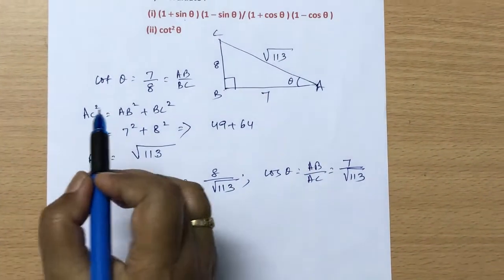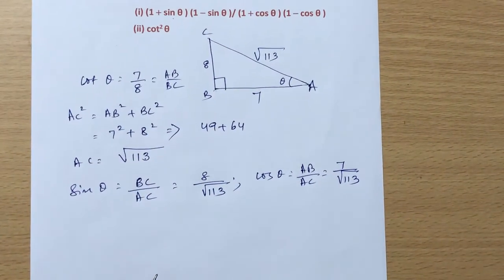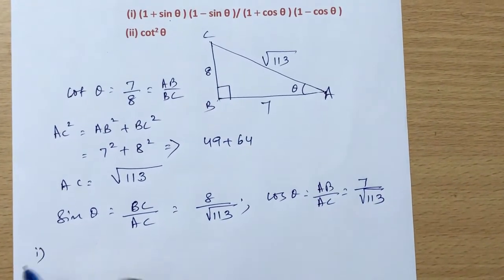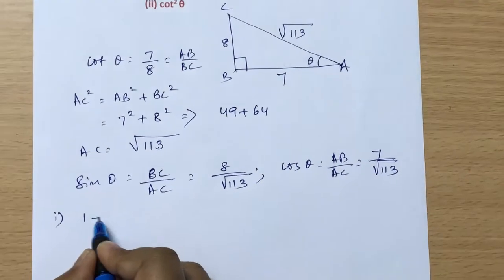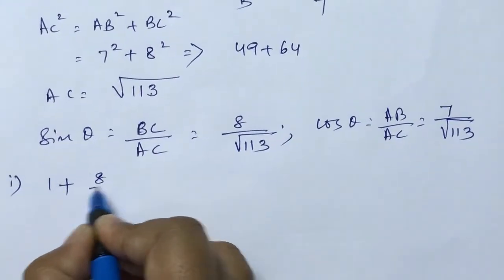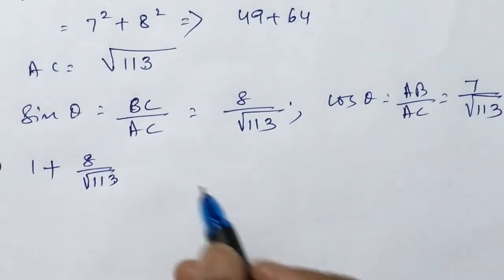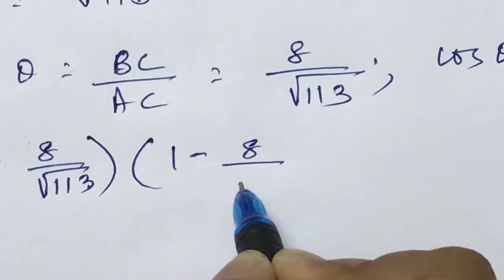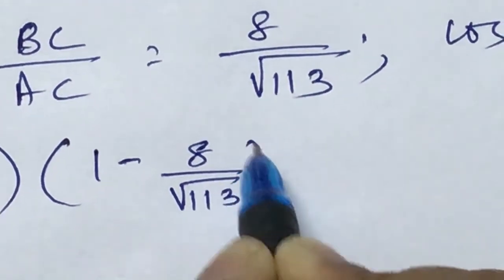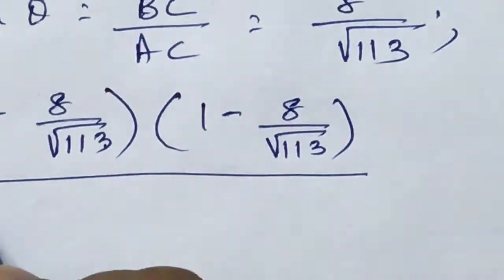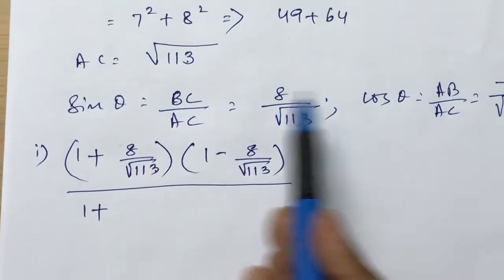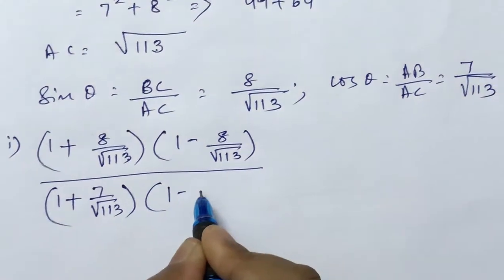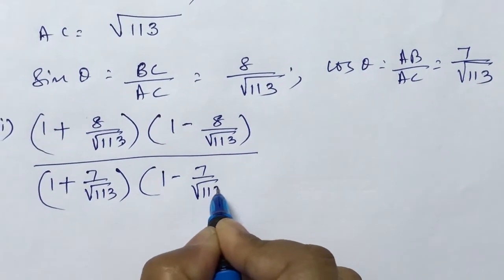Fine. Now let us put it in this formula. When we put it in this formula, then what we get? 1 plus sine theta is 8 by root 113, into 1 minus 8 by root over of 113, whole by 1 plus cos theta, 7 by root over of 113, into 1 minus 7 by root over of 113.